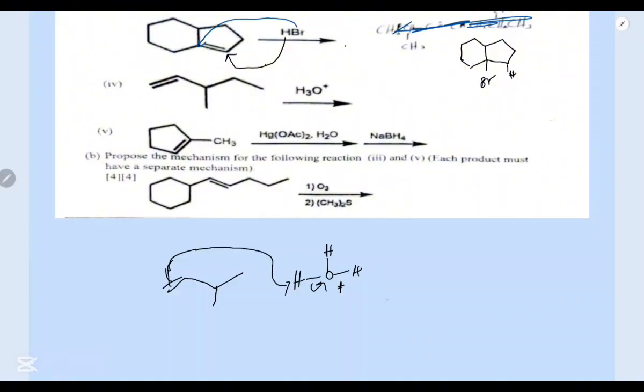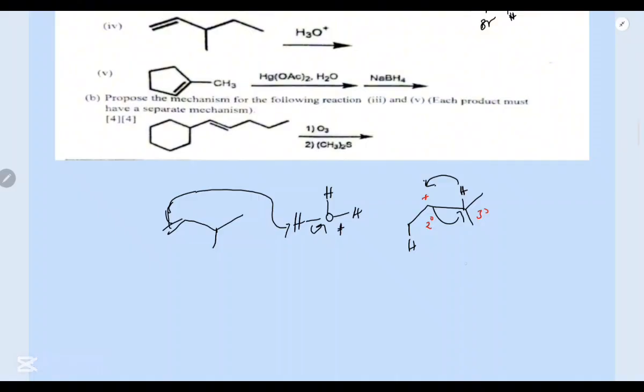Meaning here will follow Markovnikov's law, where the hydrogen will be added to where there are more hydrogens, and the positive charge will be here. From here now, there will be rearrangement, where the molecule will attain its stability. The carbocation will try to be stable because here it is secondary, and here there's a tertiary. We have a hydrogen here. So this hydrogen will move into this secondary position, and the charge will also move to that position.